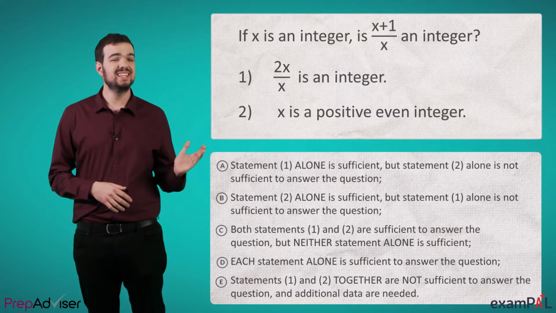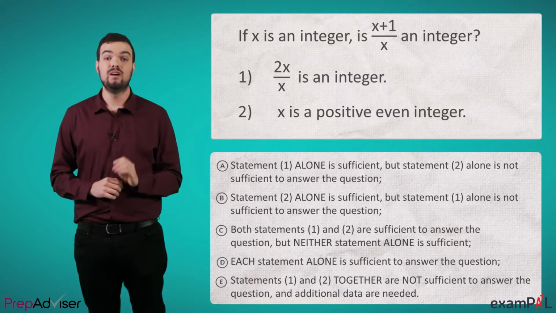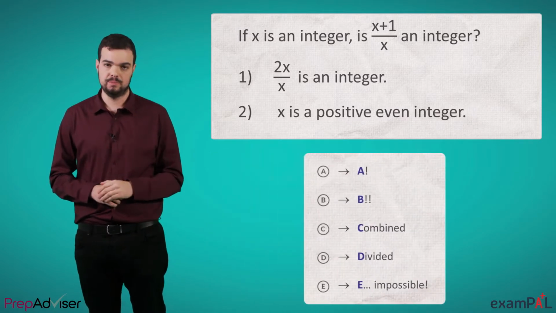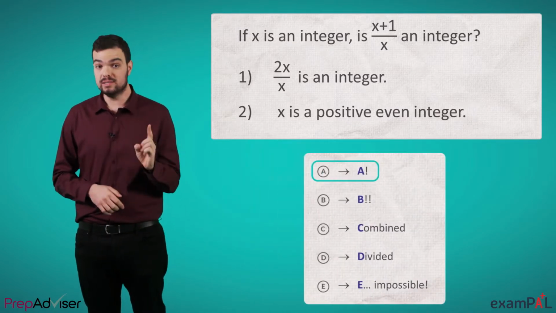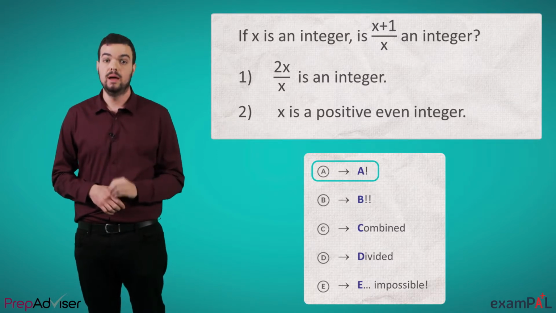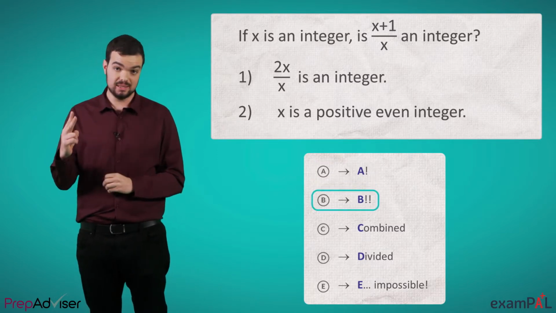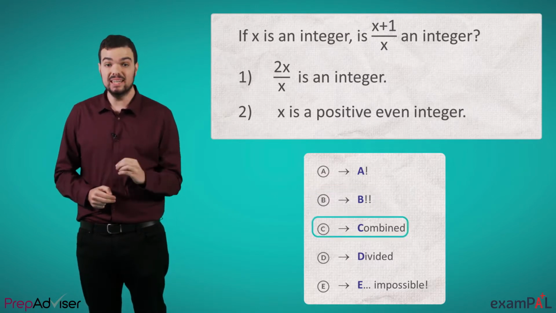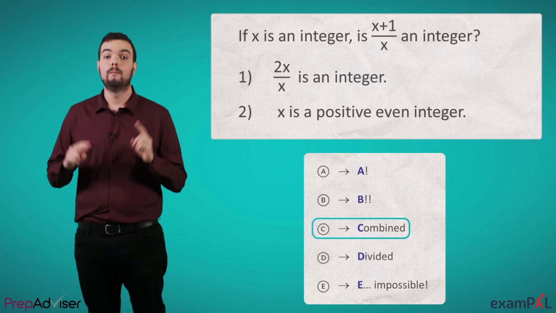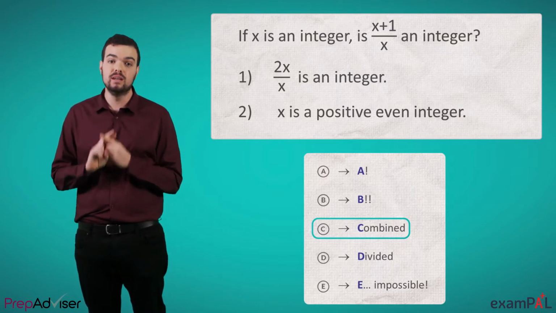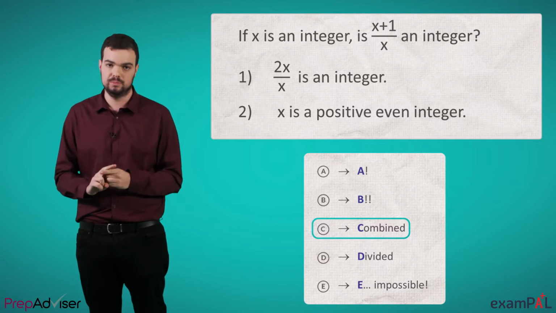Their phrasing is a bit long, but fortunately it's always the same, so we can easily memorize them. A, the first statement alone is sufficient to answer the question. B, the second statement alone is sufficient. C, combined. Both statements must be combined in order for us to have enough information to answer the question.